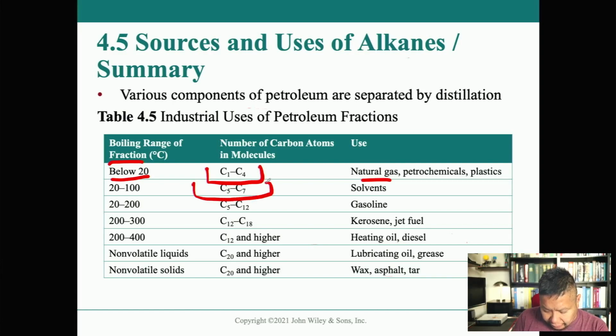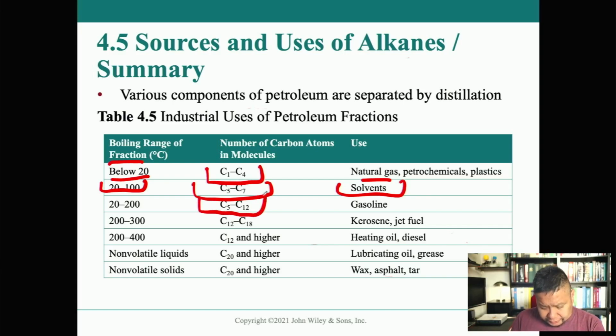Carbons that are 5 to 7, like pentane through heptane, have a boiling point range fraction between 20 and 100 degrees. Those are solvents like ethanol, acetone, isopropanol, things like that.